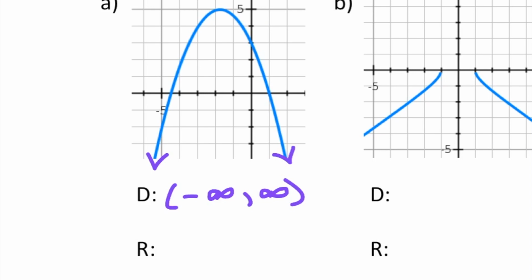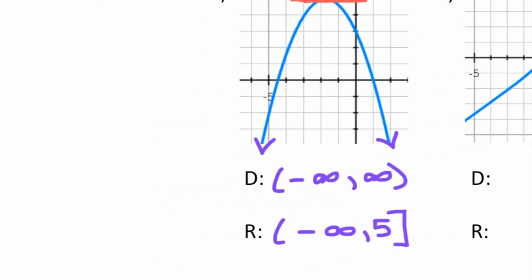Now when I'm talking about the range, the graph stops at the top, which is positive 5. And remember that your range always goes from bottom to top, in this case negative infinity to positive 5, and it includes positive 5.